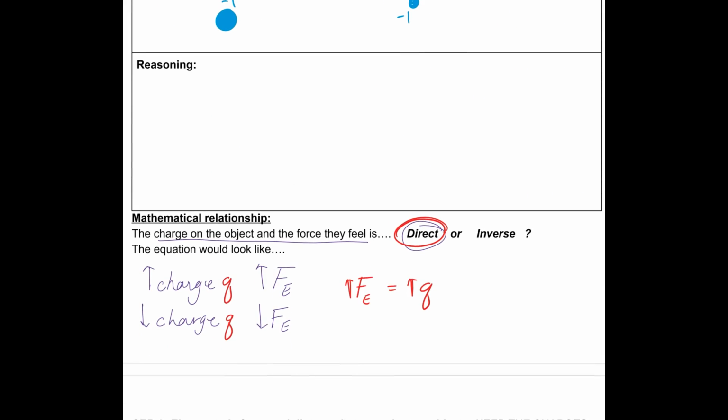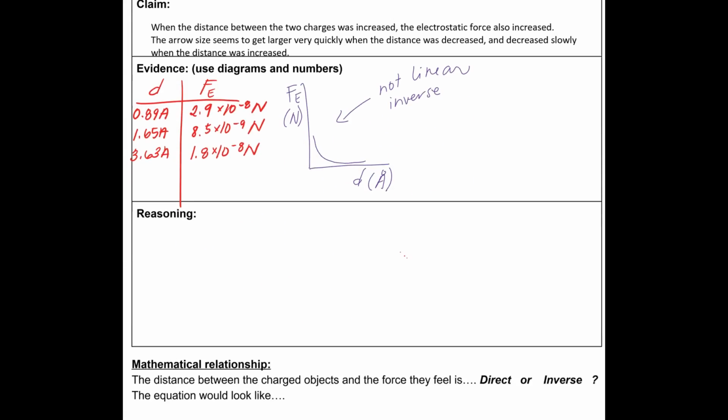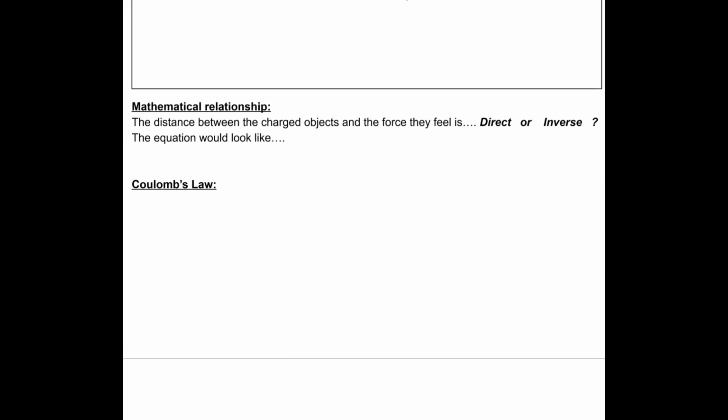So both objects have a charge. So we need a charge 1 and a charge 2. Okay, so we're going to continue building on this. And so what we have is an electrostatic force, which has Q1 and Q2. So remember that those two are charges.